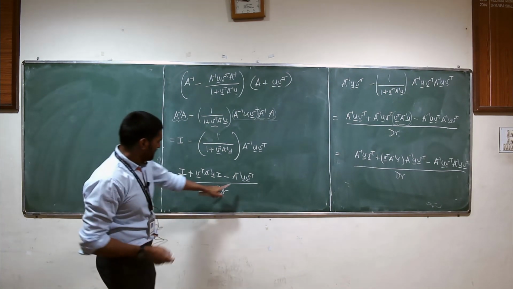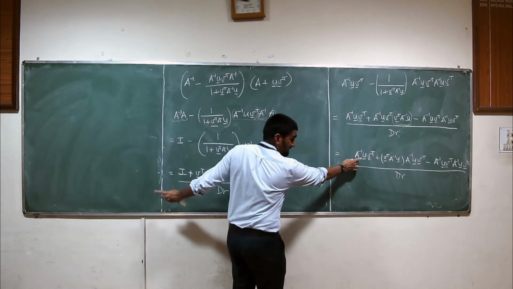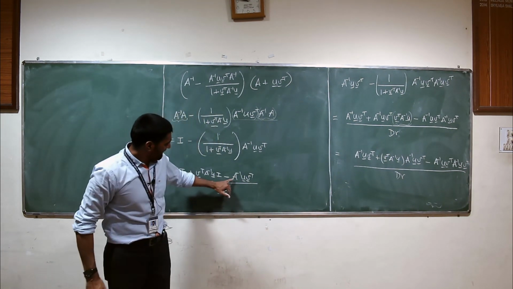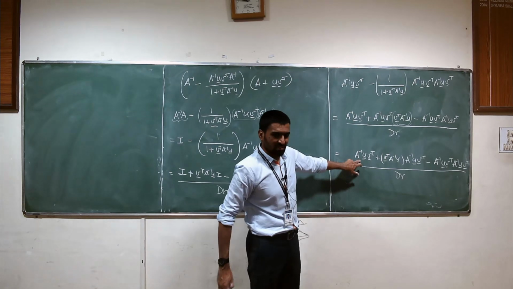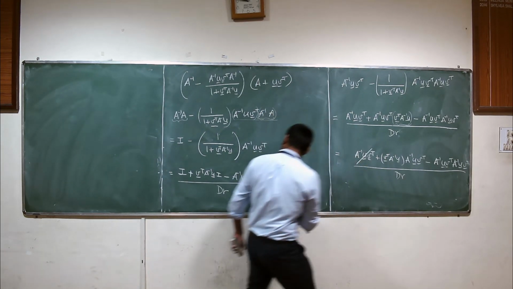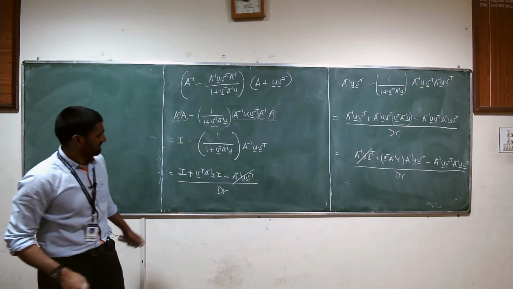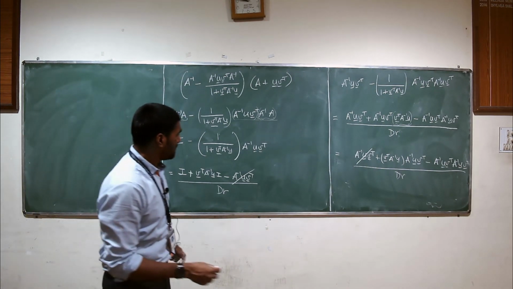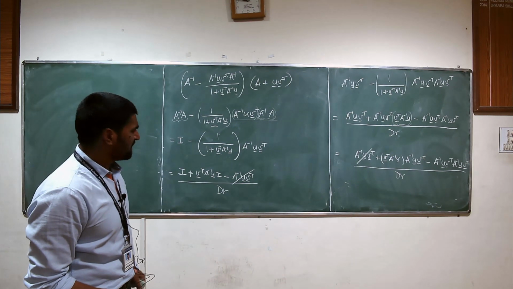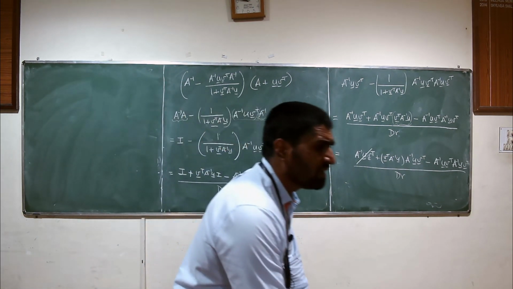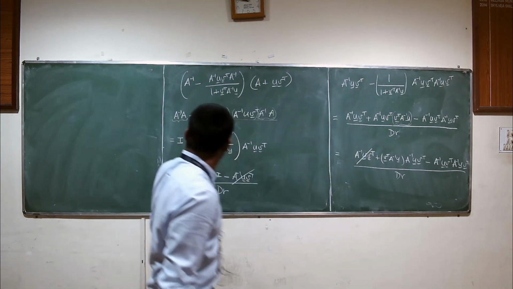We are adding these two numerators, right? We have a minus A inverse U V transpose. We have a plus this one, so this is gone.